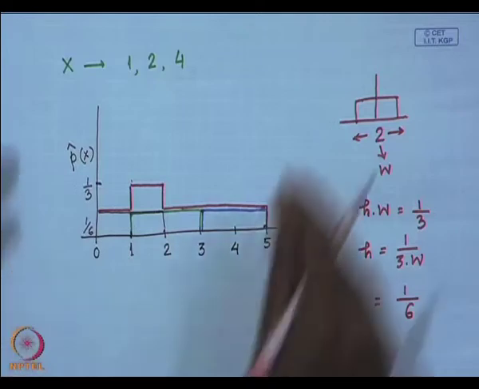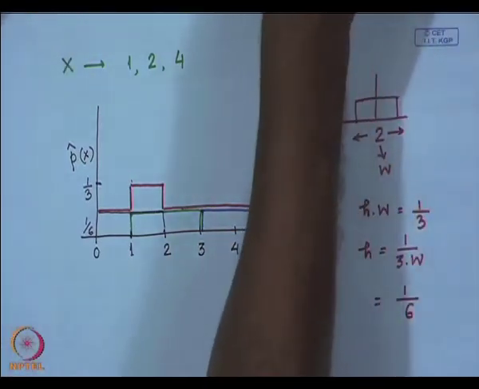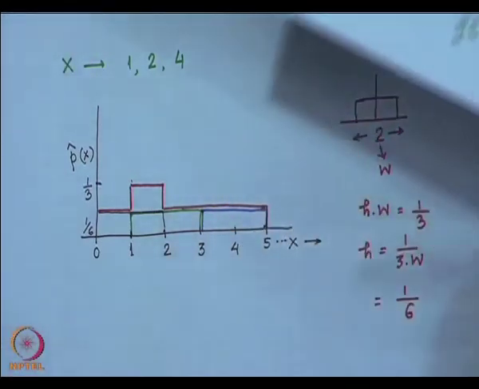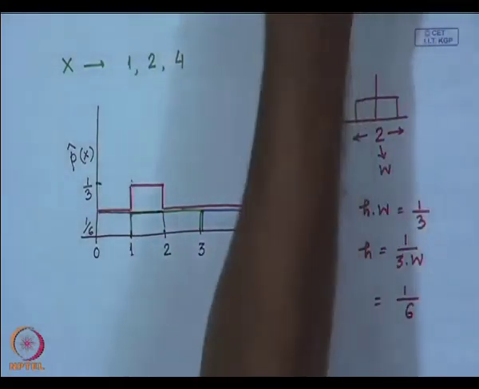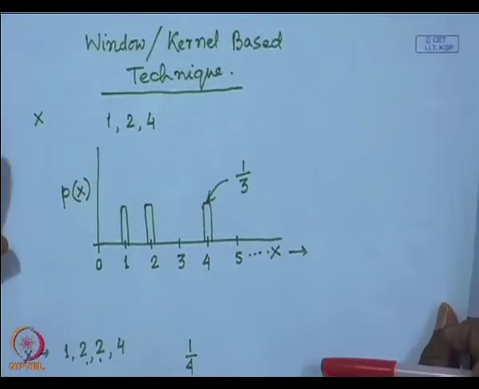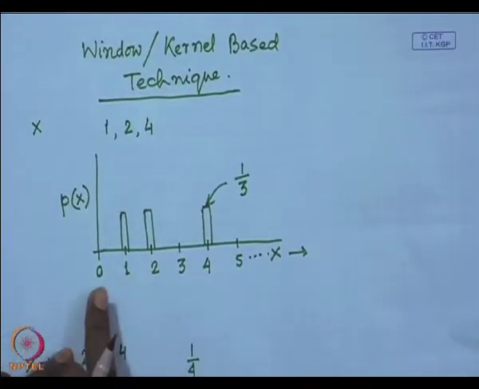And now, if you compare this with the one that we did earlier with the delta function, you find that that probability density estimate is not a continuous probability density estimate, but a discrete one.